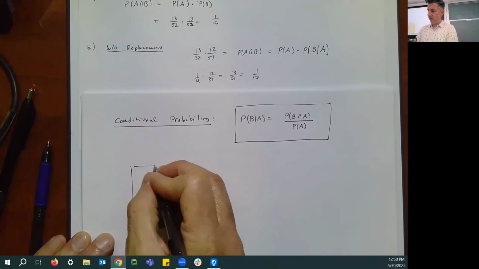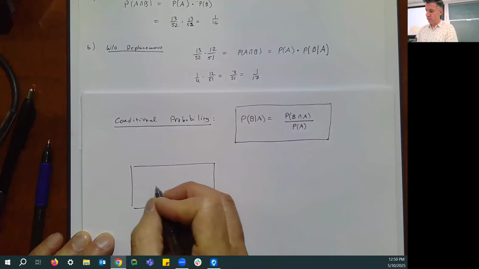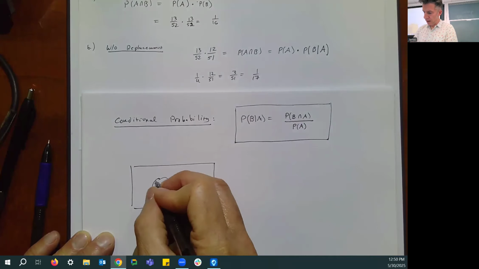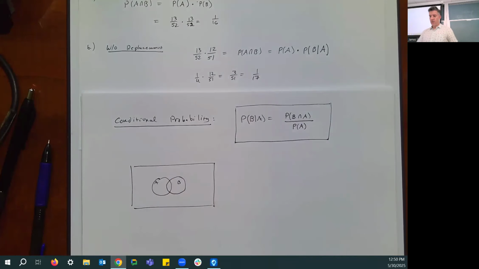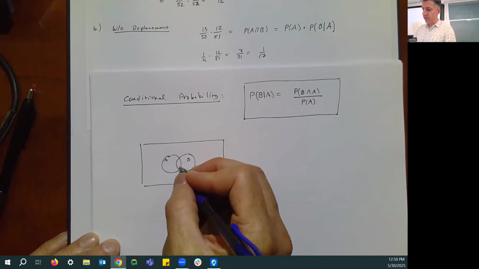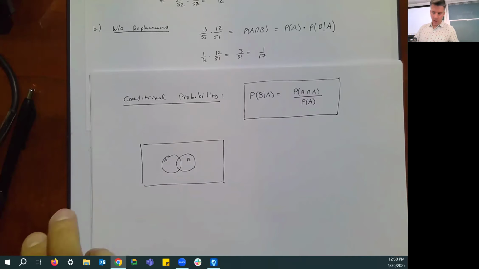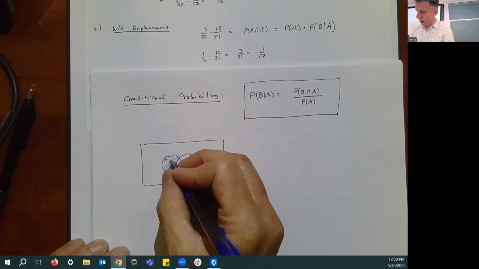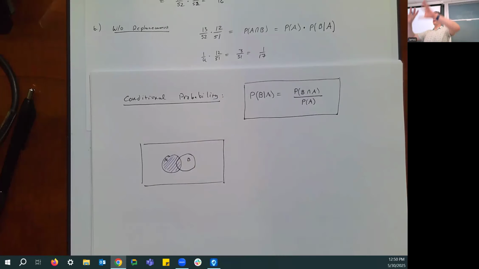If we've got a Venn diagram going on, here's A, here's B. So if I'm trying to find the probability that B happens, given that A already happened, I'm basically saying this circle here, that circle of A, is our entire world.